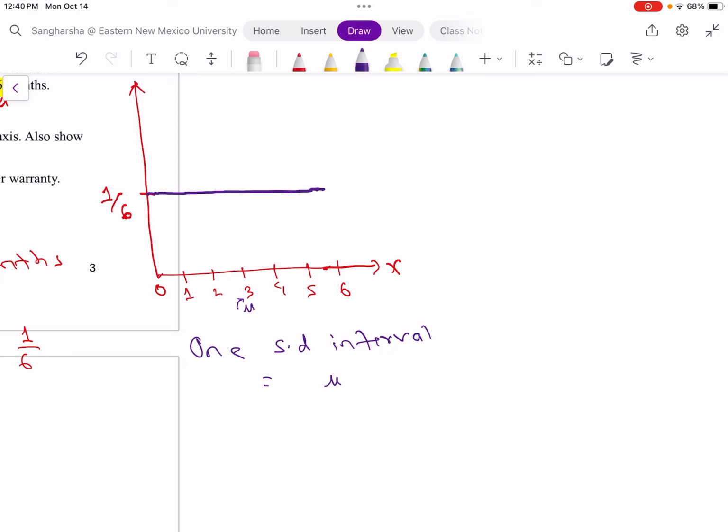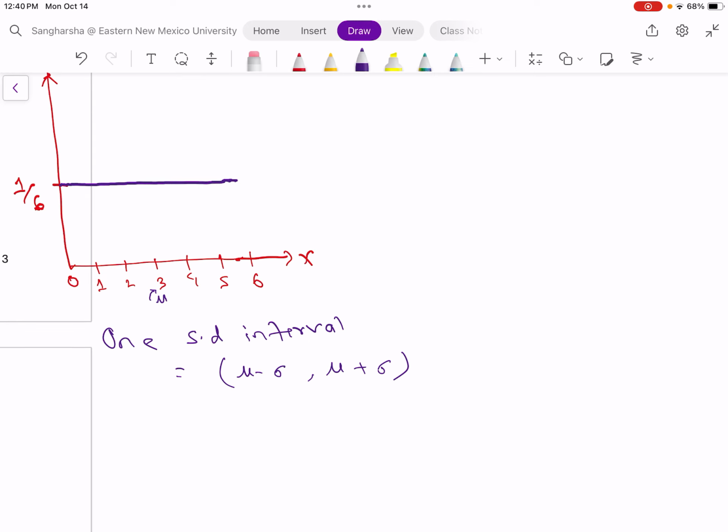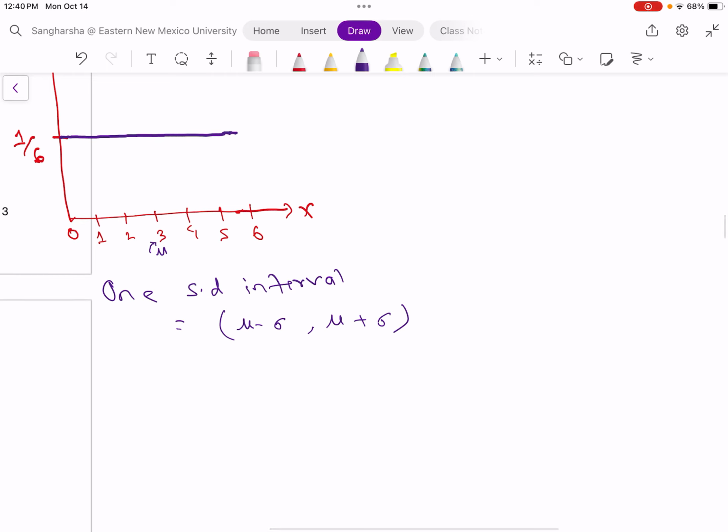So you have mu minus sigma to mu plus sigma. So this is our one standard deviation interval. In a similar way, what would be the two standard deviation interval?